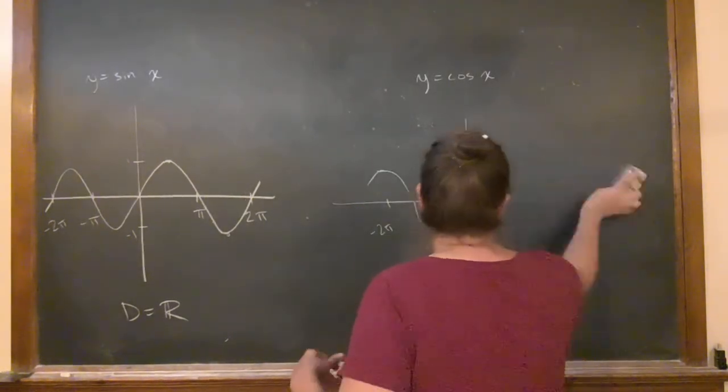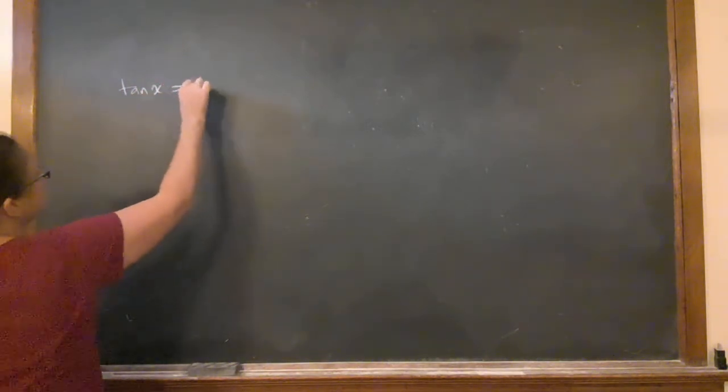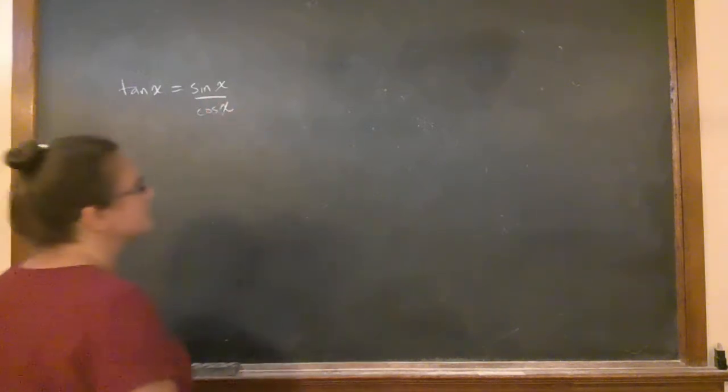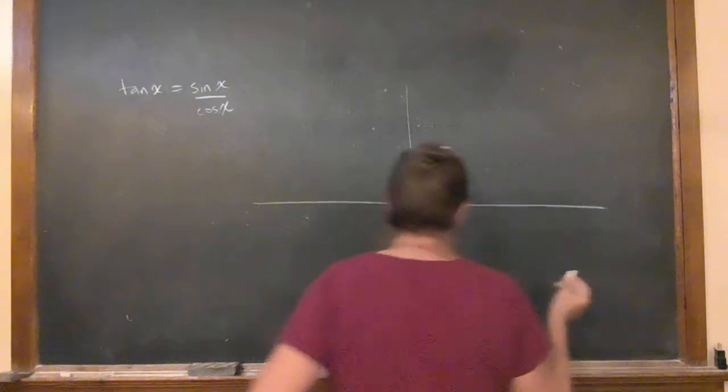So tangent. Tangent is different, right? Because tangent is sine over cosine. So wherever cosine is 0, you are going to have an asymptote. Okay?